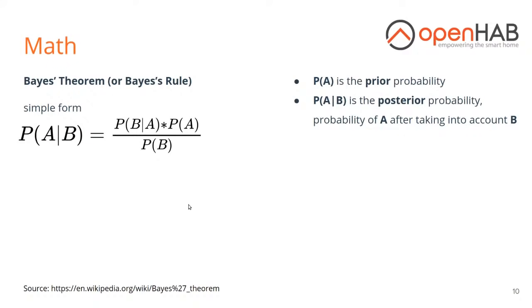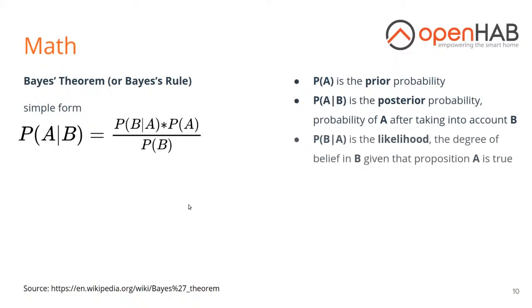That's what we want to calculate. We have the likelihood. It's the opposite, and it's the degree of belief in event B, given that the proposition or observation A is true. And we have P(B), which is the evidence.